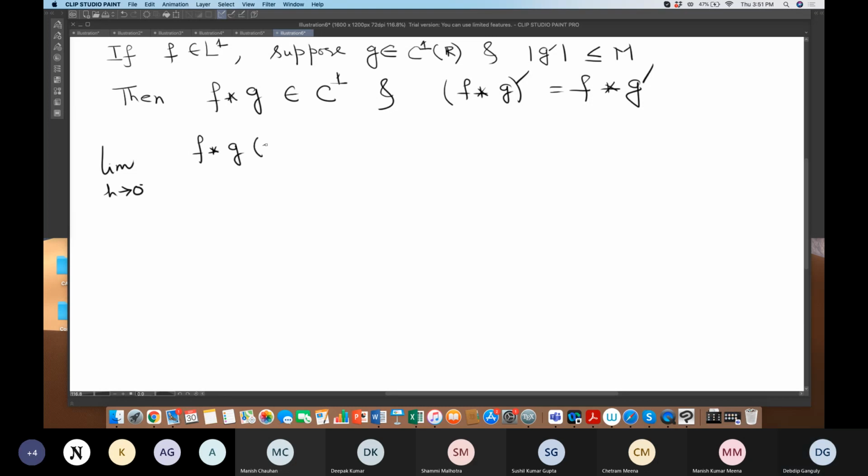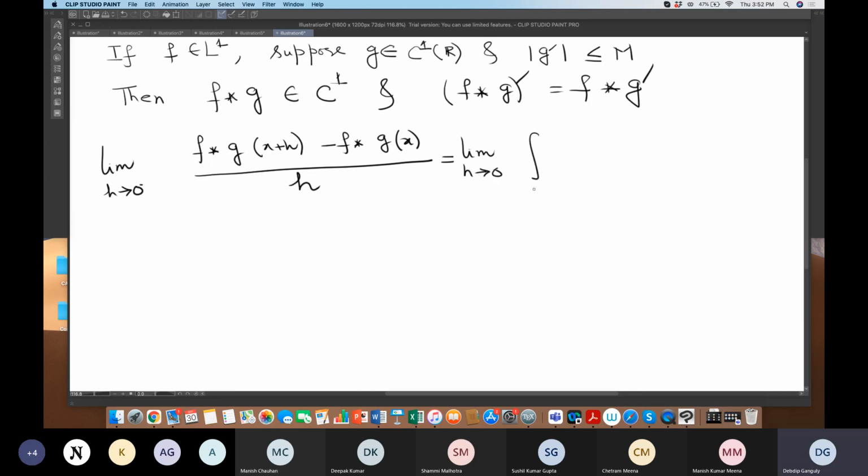(f convolution g)(x plus h) minus (f convolution g)(x). First of all, we have to check whether it's differentiable. This I can write as limit h tending to 0. Just a definition. f convolution g at x plus h, what does it mean?